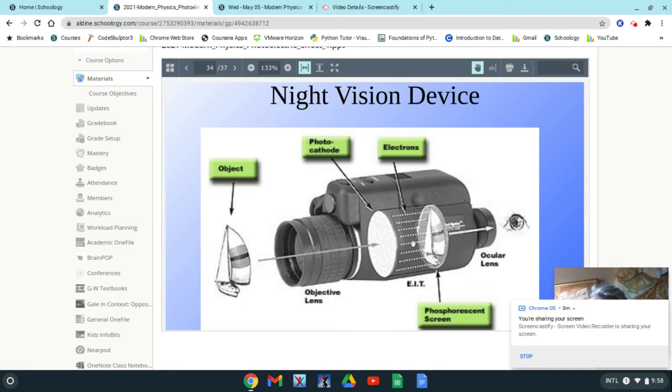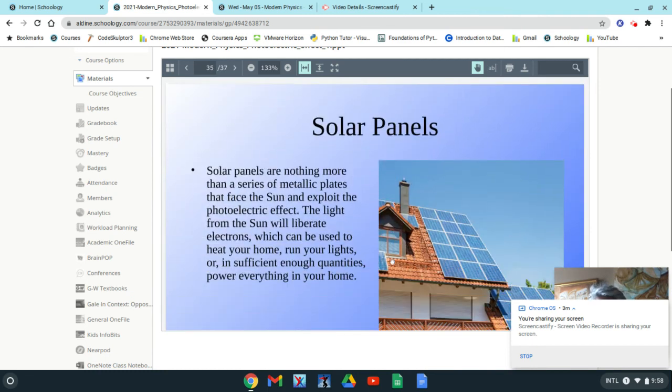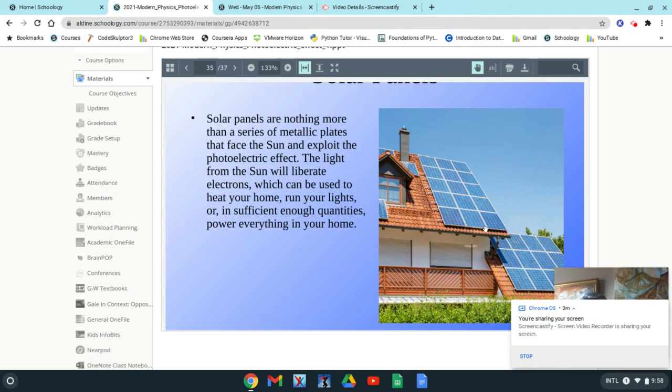And based on which parts of the screen get excited, we have those electrons coming out, and so we can create a visual image of that with the different intensity patterns. Solar panels use the same thing. Again, light falls on the solar sensitive material, and the electrons are emitted and become part of the circuit, which causes the voltage that we need to produce power.